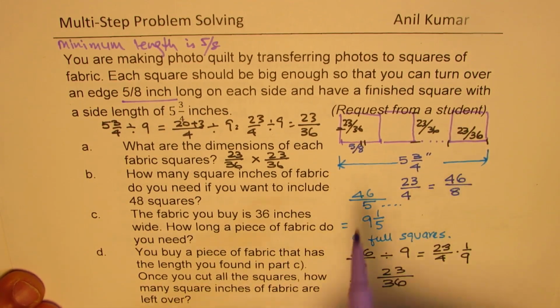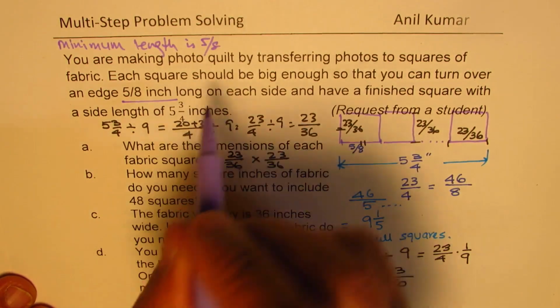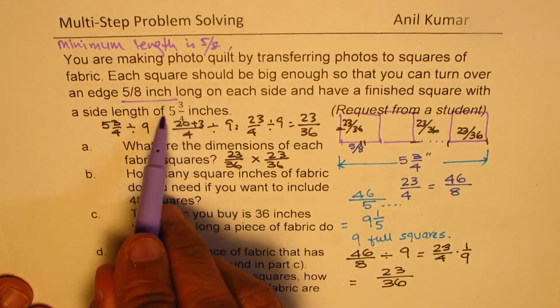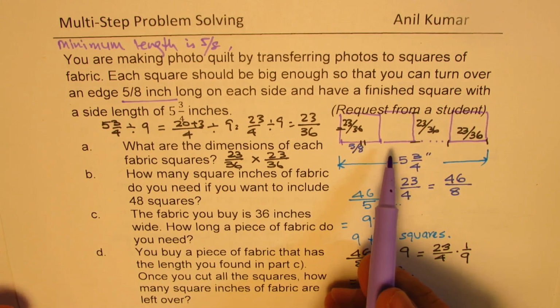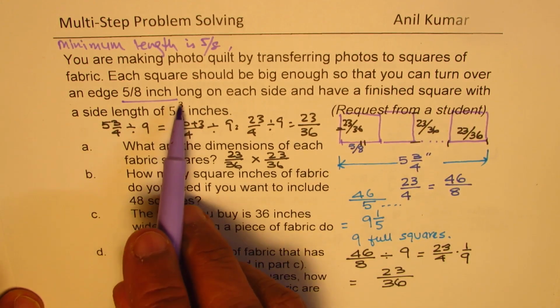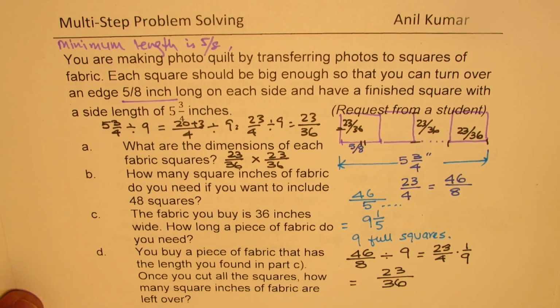So we had to divide 5 3/4 by 9, and we got a result of 23/36. Does it make sense? That is the length of each piece.